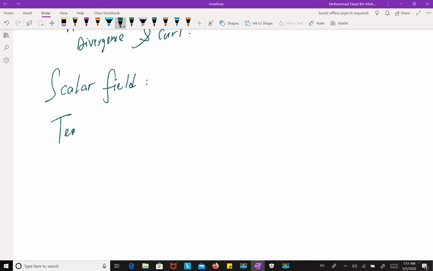Example of this, temperature, T, is a function of space and time, and the unit will be Kelvin.